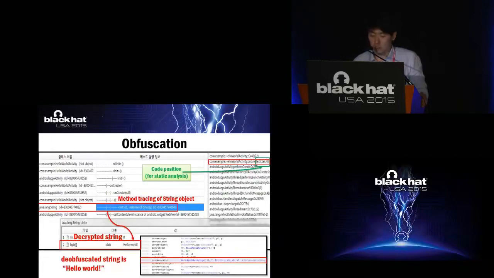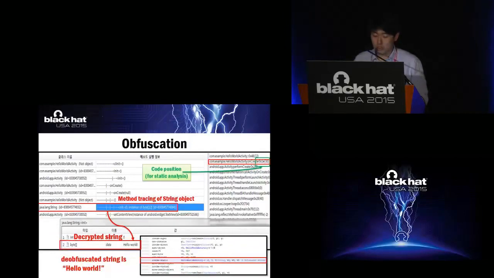Code position in the code stack is useful for static analysis. In other words, you can analyze the code protected by string encryption with static analysis tools like JEB. And we can also get the decrypted string through tracking members and variables of the string object. In the case of this example, the decrypted string was hello world.